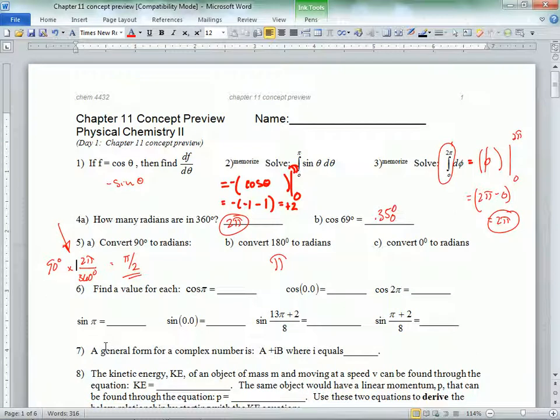Okay, let's just wrap this up, do these, and then we'll call it. So we're saying that converting 0 degrees to radians is going to be 2 pi. It would make the most sense to me. Or I guess you could say 0. I guess you could argue for 0. You could say it hasn't even started out.